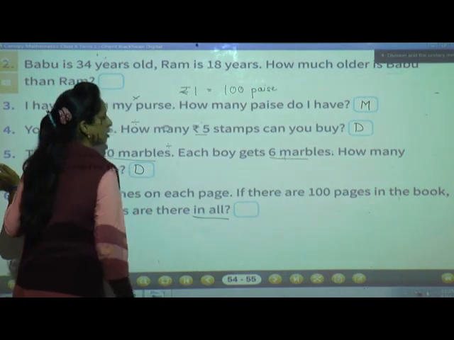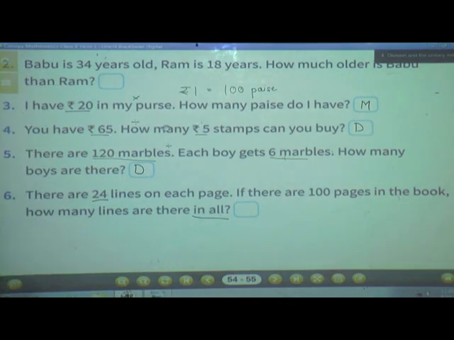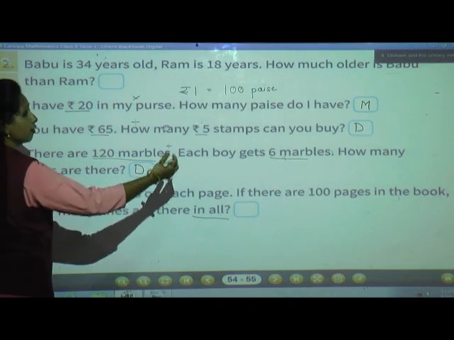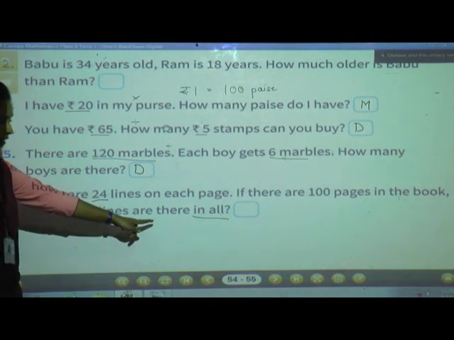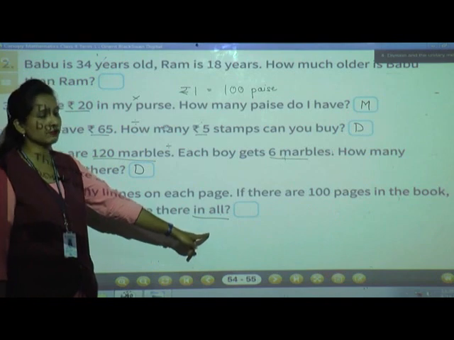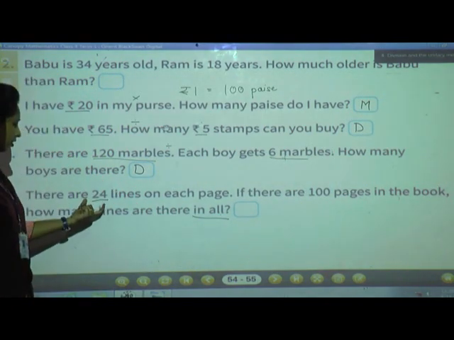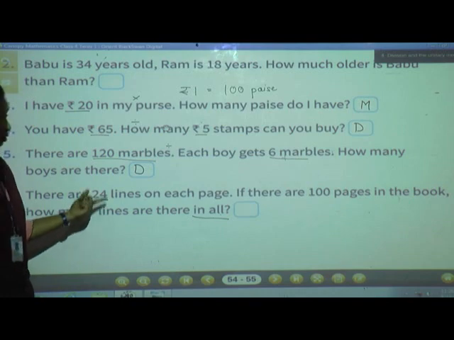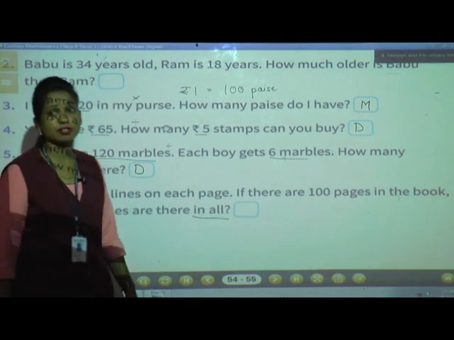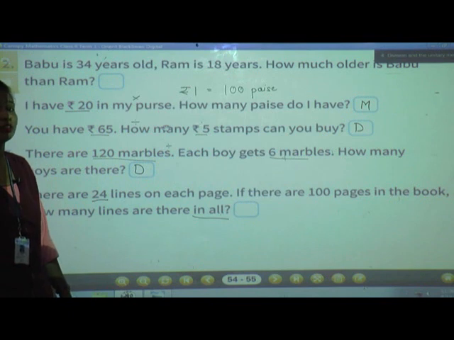Are you getting? So here, see, 24, 24, 24, 100 times. If you add, you will get the answer. See what I said, whenever 'in all' comes, we have to do the addition. But here, the 24 quantity is very big to add 100 times. In that time, what we have to do?